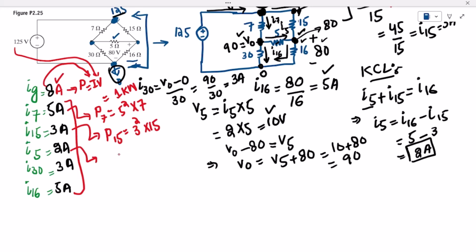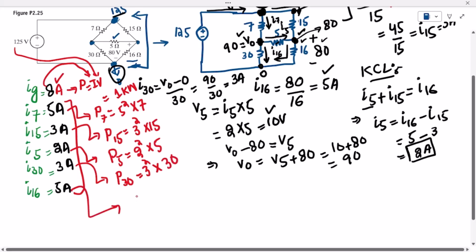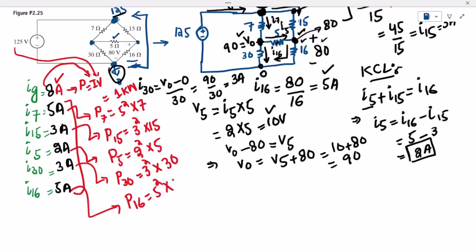For this one it will be P5, I square into R, which is 5. For P30 it is 3 square into 30. And for this one, P16, it will be 5 square into 16.